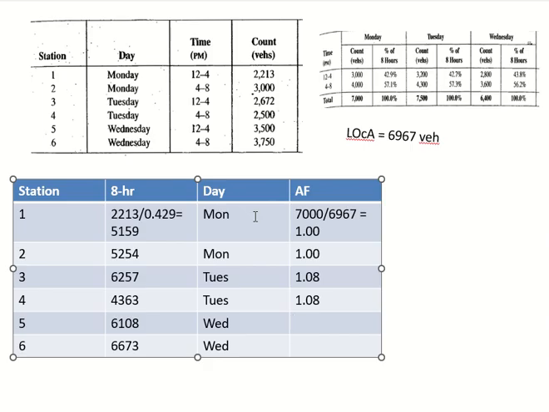Actually, the Wednesday 8 hour value is wrong. Yes, but first give me this factor. How much? 6,400. 0.92. Okay, number 4 will be 7991.